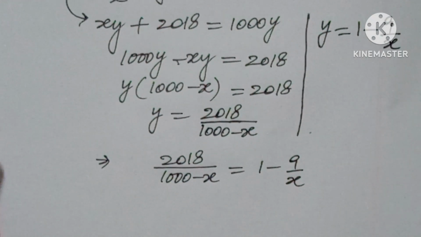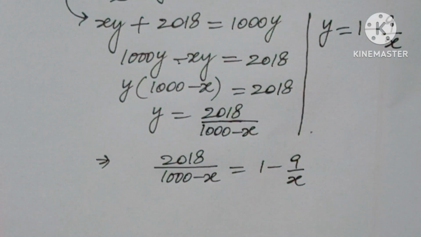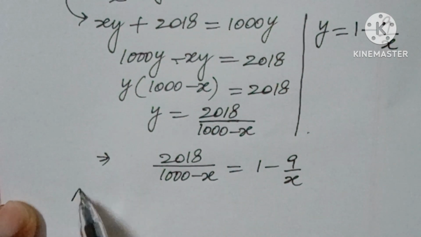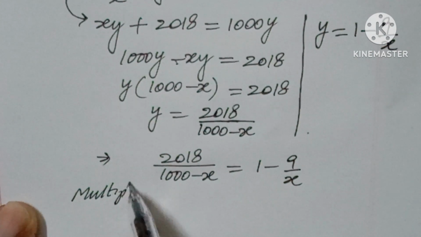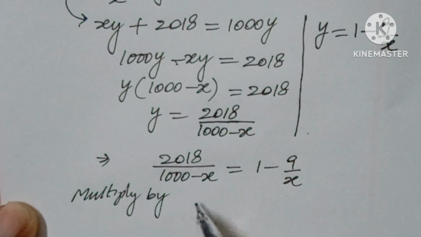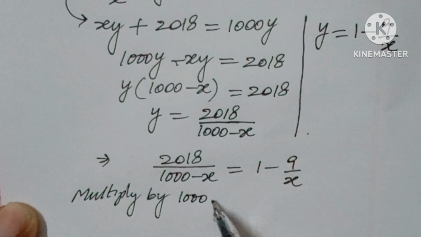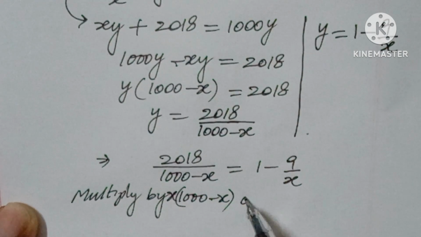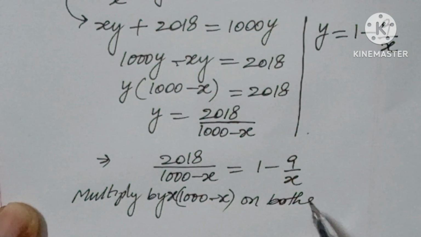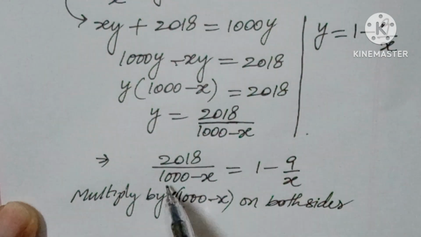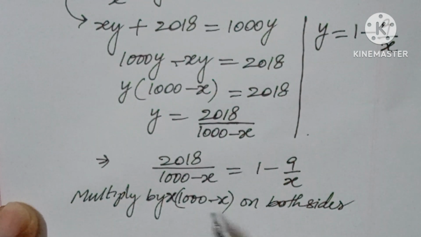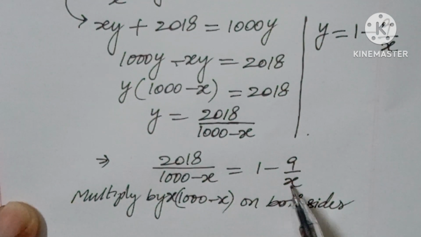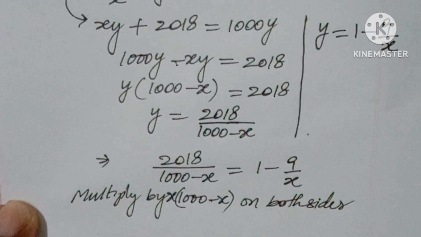Now how to solve this? The simple method is to multiply by x into 1000 minus x on both sides. The denominator is 1000 minus x, I want to remove it, and x is also in a denominator, that also I have to remove.